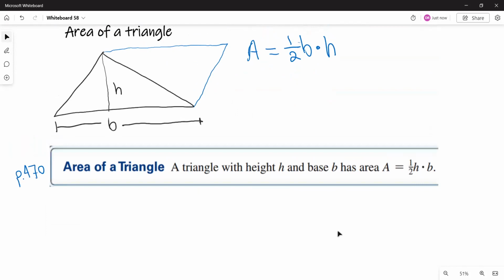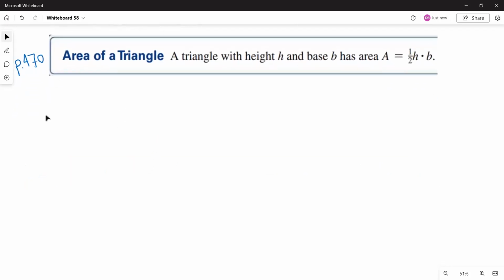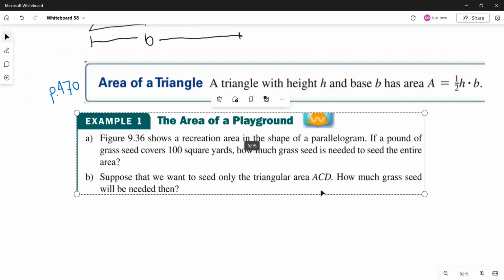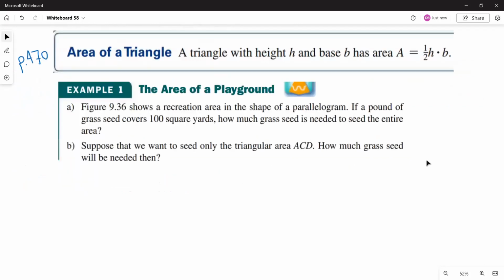So we're going to go over example 1. Same page, I'm going to copy this example, and I will copy the figure.